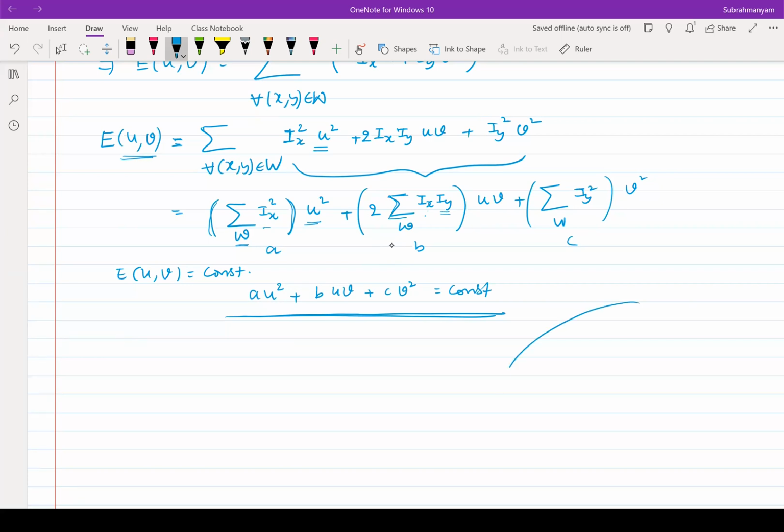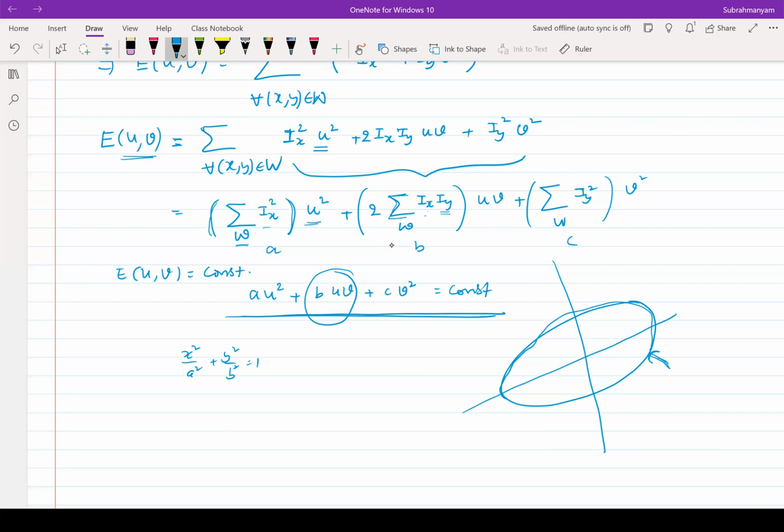It will have the shape of an ellipse, and of course that ellipse could be rotated for certain values. If it is x square by a square plus y square by b square equal to 1, that would be a straight one. Otherwise this b uv term is something that brings a rotation. It's a quadratic equation that has the shape of an ellipse, where the constant value would dictate at what distance it is.